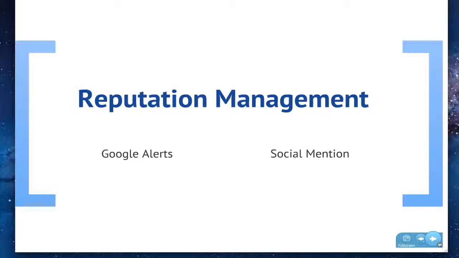So it's quite useful. Social Mention is probably the sister tool, and it covers a few of the sites and social media platforms that Google Alerts doesn't pick up. So between the two of them, any time someone talks about your business online, you'll know about it within about 24 or 48 hours, which gives you a chance to step in and respond if it's a customer service issue.